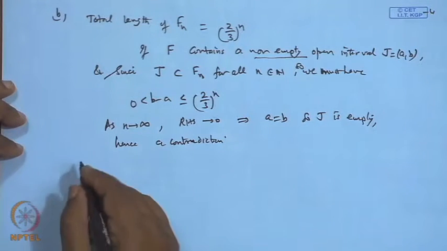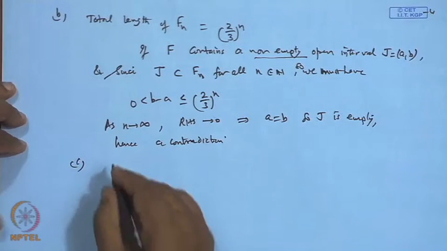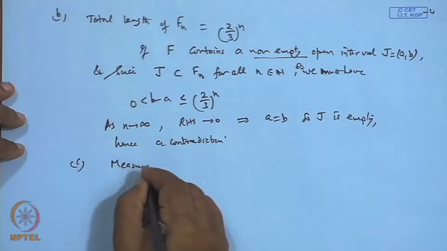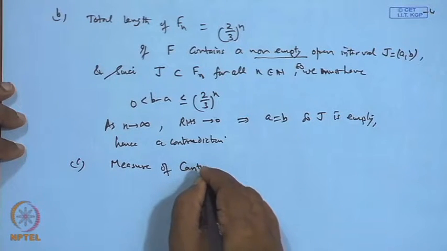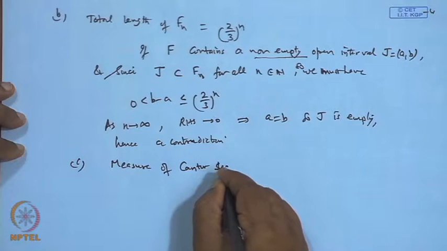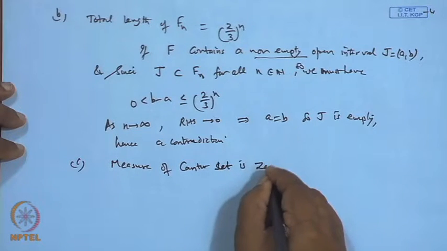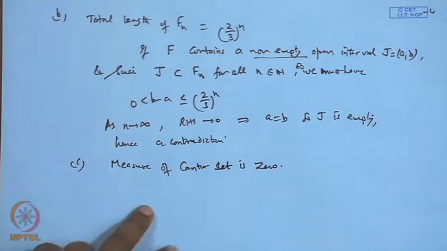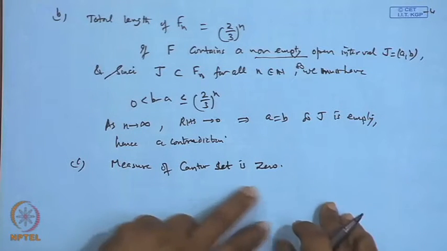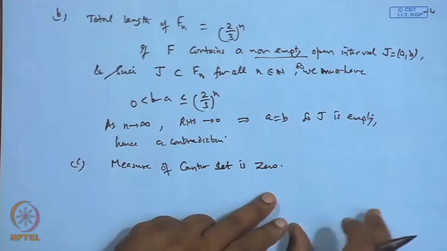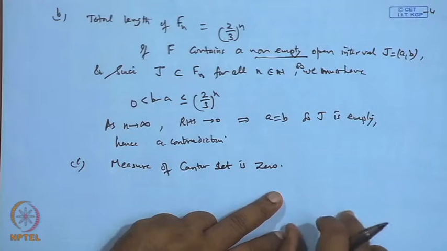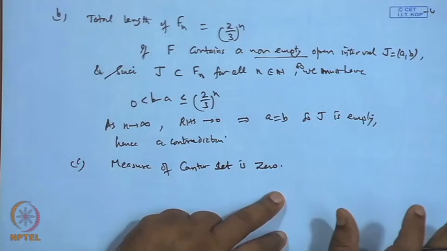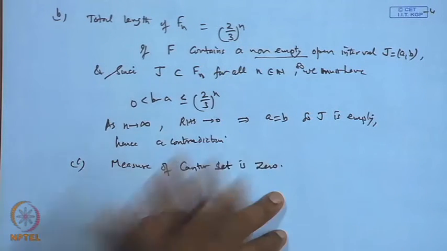Now, the third part is that the measure of this Cantor set is 0. In fact, I do not want to introduce measure in detail. Suppose I take the interval a b, open or closed, the length of the interval is b minus a. That is called the measure of the interval.